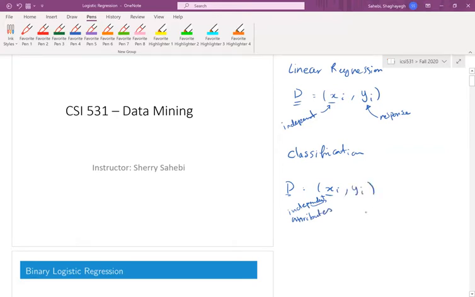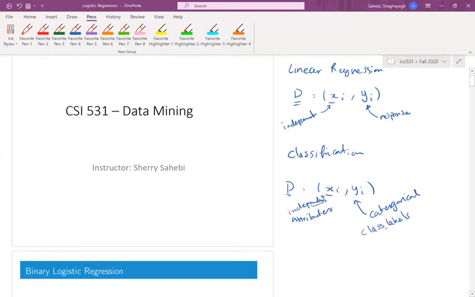And then we have these categorical variables, yi's. Now, we don't call them response variables anymore. What we call them are class labels in this case. Okay.